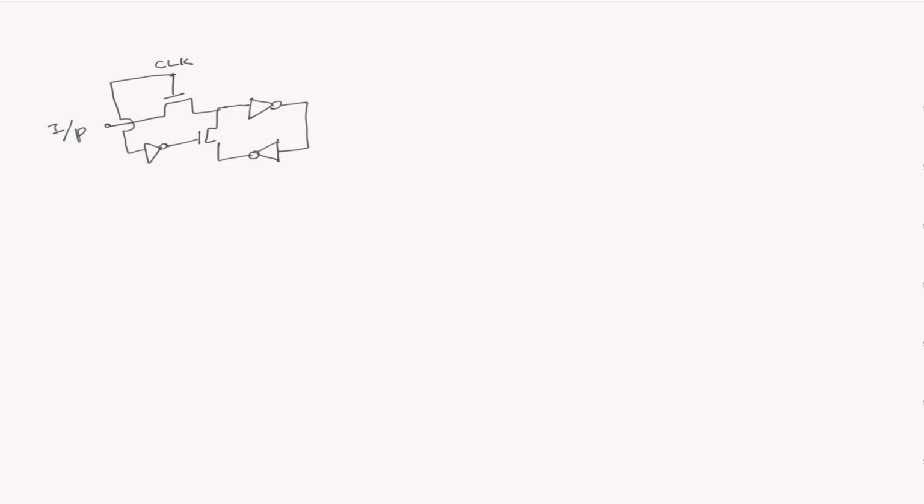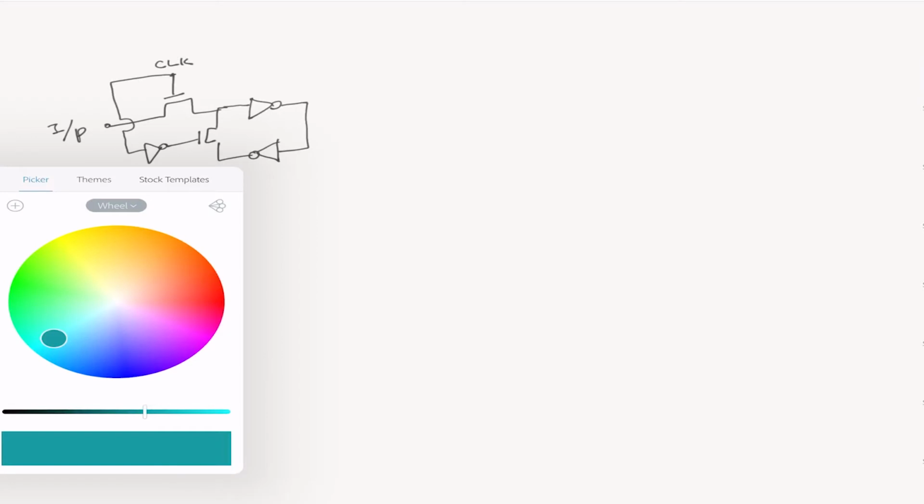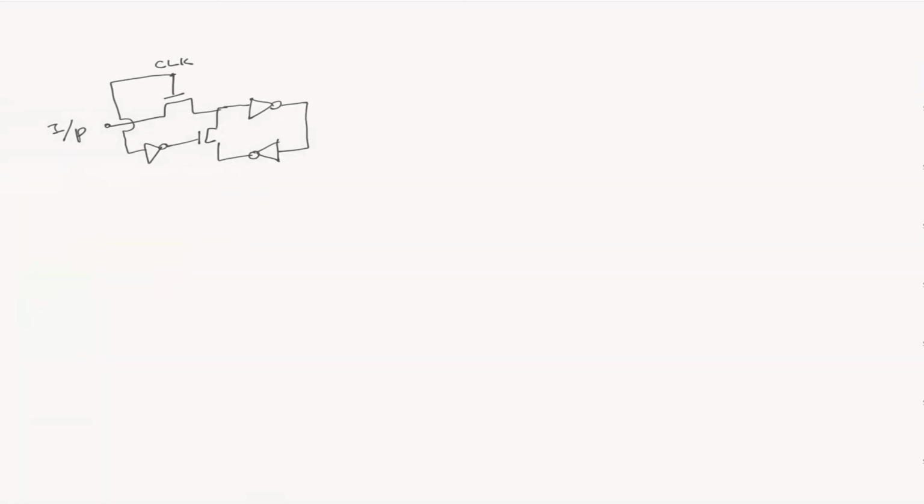This is one stage. In a flip-flop we have two stages, so let's create the same stage here. These are our switches. This switch is for clock. This switch is also controlled through clock but has an inverter, so that when one is on, the other one is off.